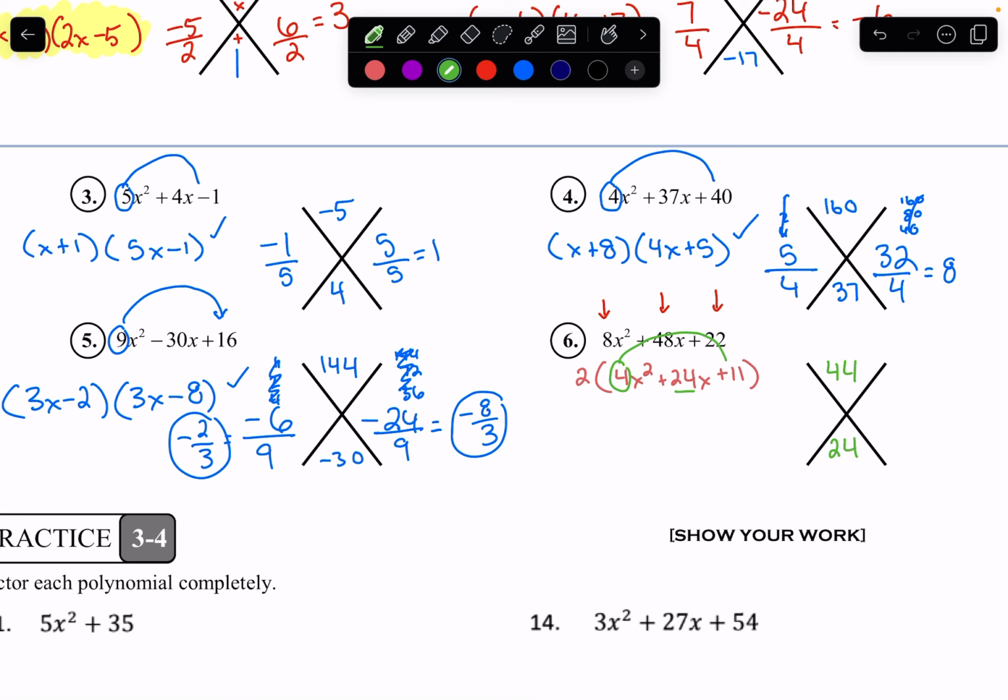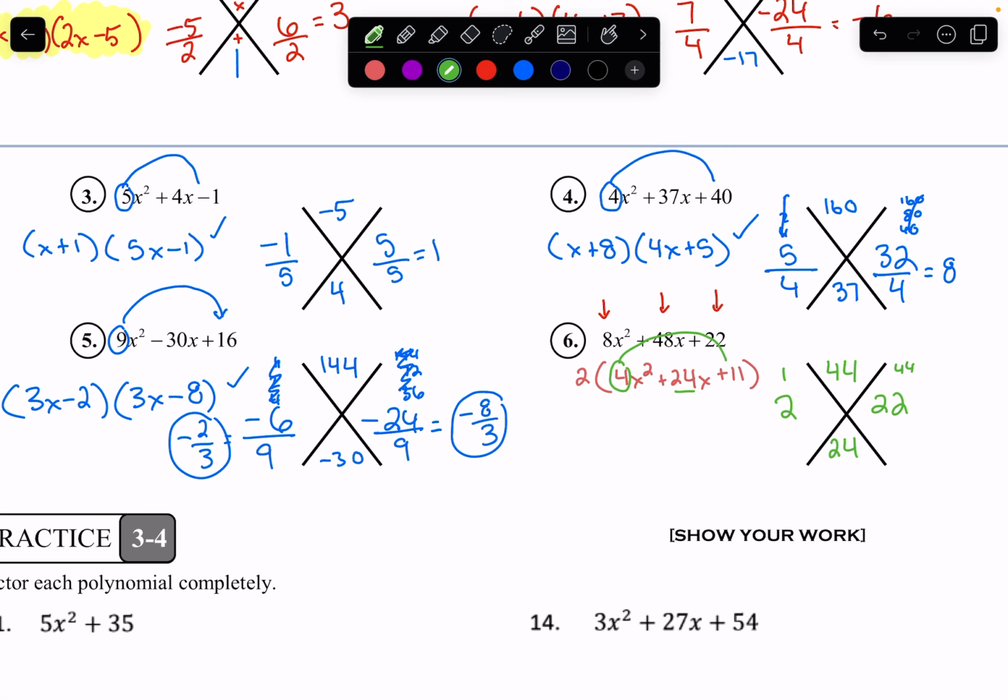And I'm looking for numbers that multiply to be 44 and add up to be 24. So if I look at 44, I've got 1 and 44. I've got 2 and 22, which are going to be the ones that work, right? 2 times 22 is 44. So that's the number that I want because those add up to be 24.